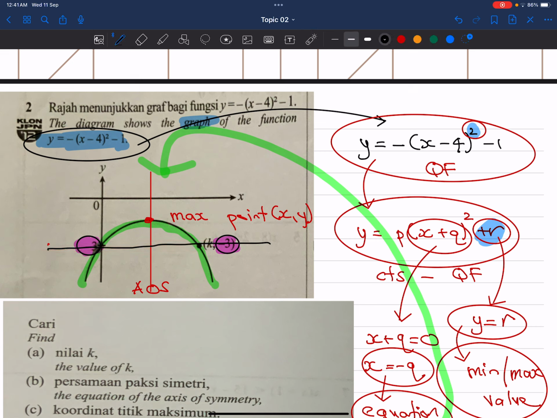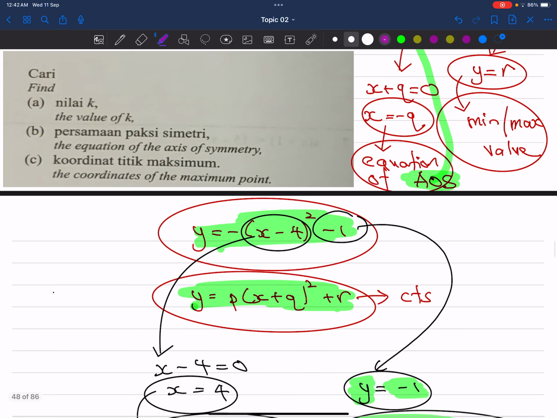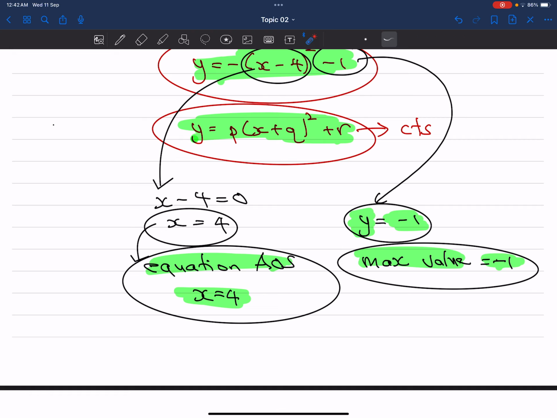And what we have now, this axis of symmetry, divides the line into two equal parts. I draw back the horizontal line. It's going to divide this equal to this. Now you watch, previously we already got the equation of the axis of symmetry, x equals 4.